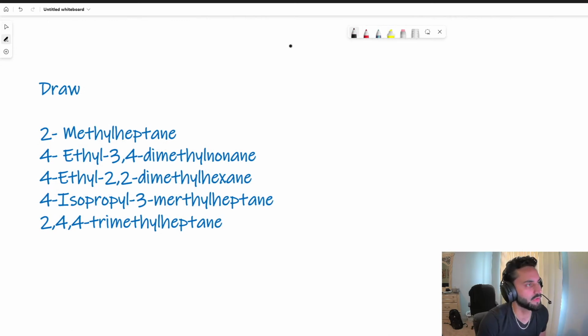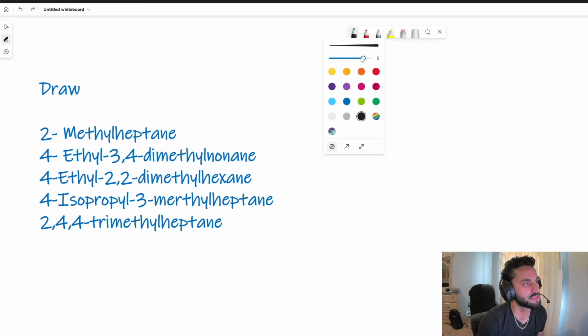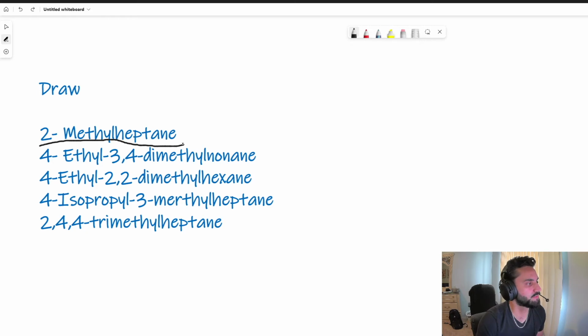So if you're given a name, for example like here, and told to draw the alkane, the first thing I would do, for example this one is called 2-methylheptane, is find the parent name, the longest chain, in the compound.